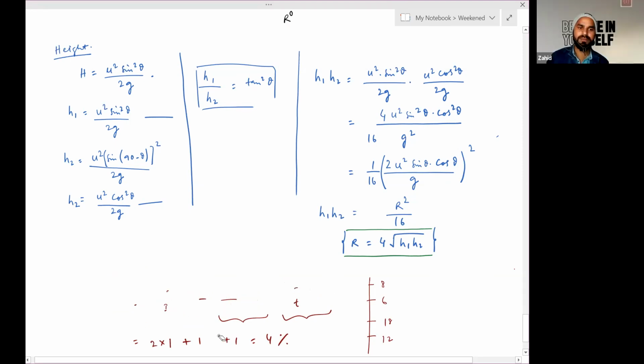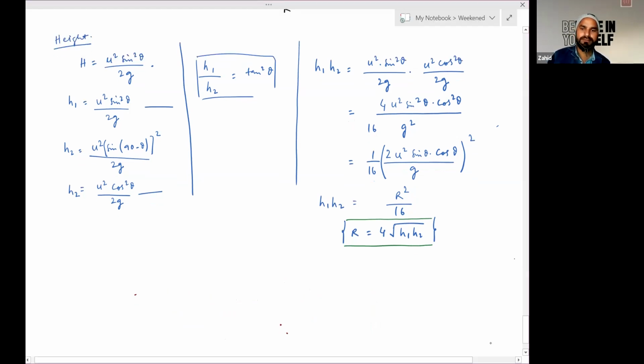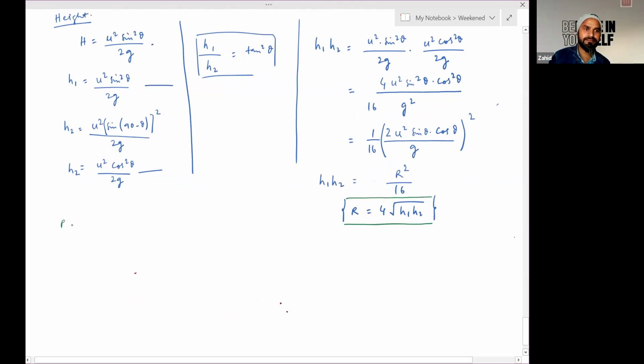Sure, you all have done till this part. Okay. Next, the last term is for range. As range is equal to u square sine 2 theta divided by gravity.